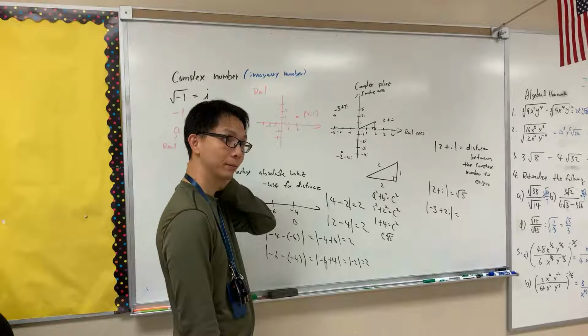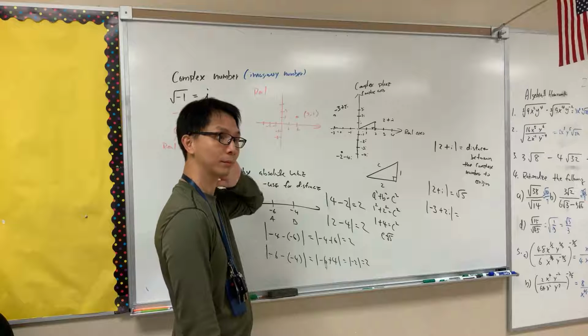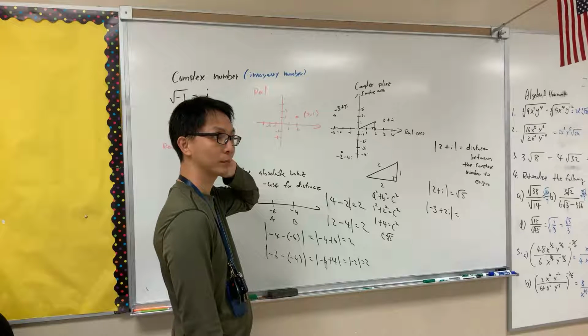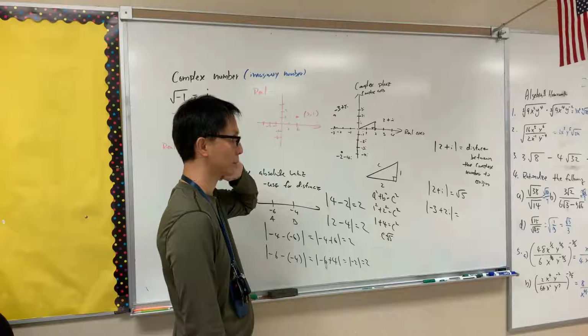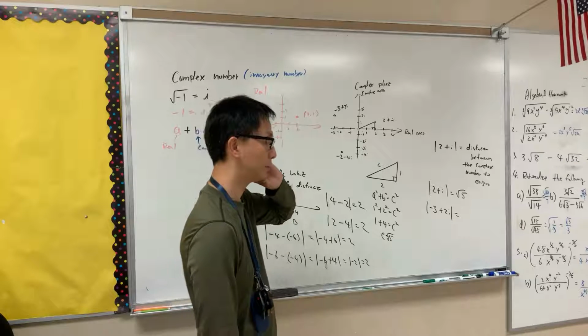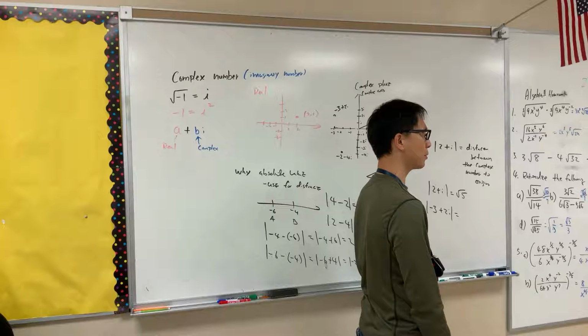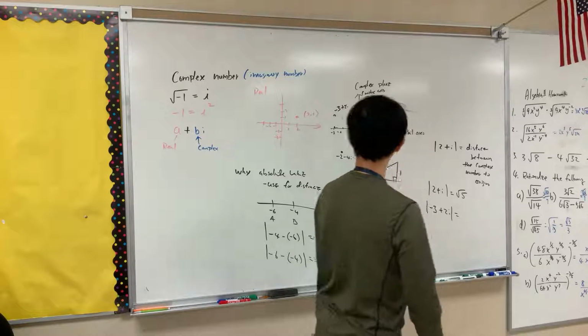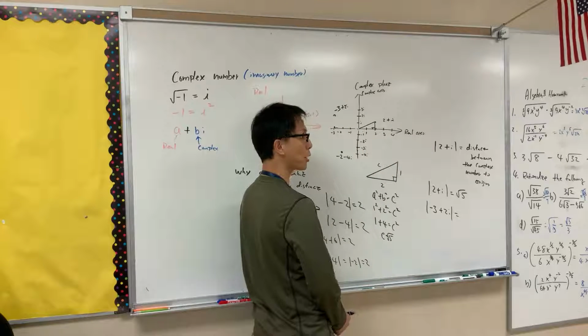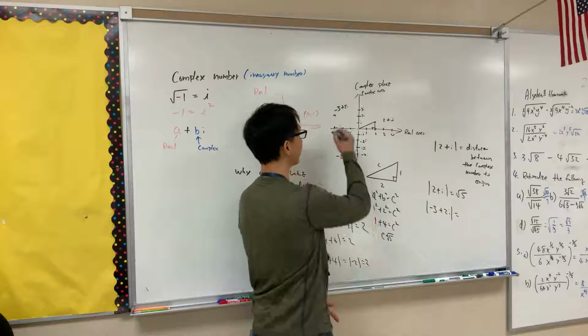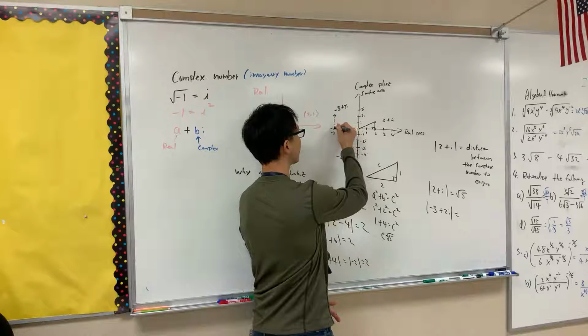So minus 3 plus 2i. Can I draw a right triangle here? Yes. From here to here, right?